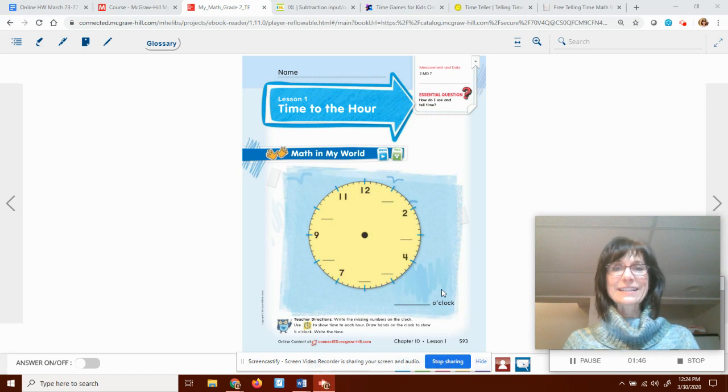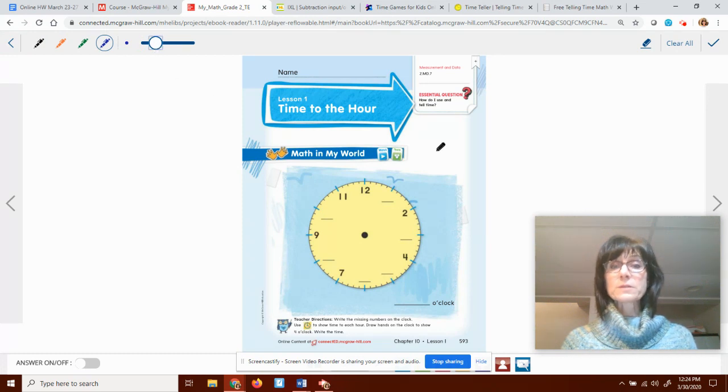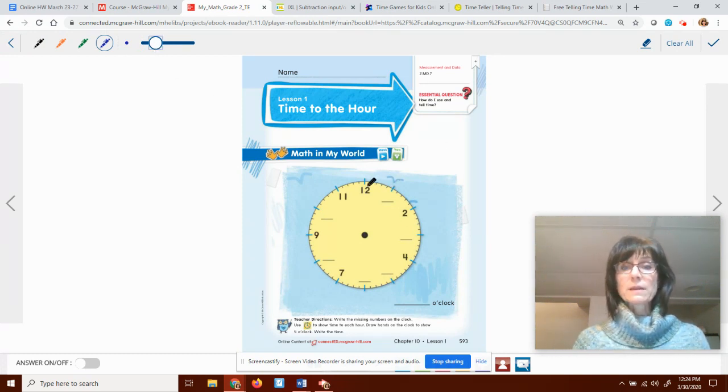Let's start telling some time. Open up your math book to page 593. We first want to go ahead and fill out our clock. So we're missing some numbers and we need to fill those in from 12 back to 12.